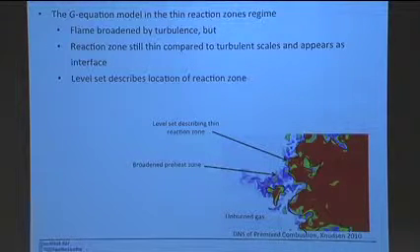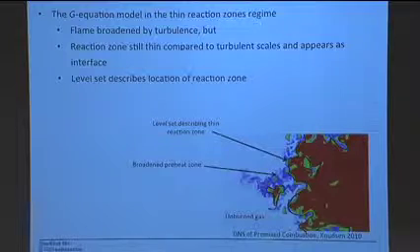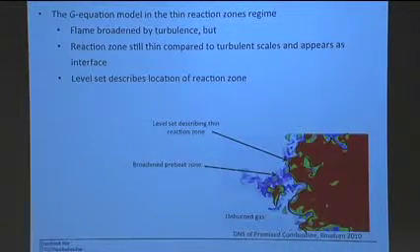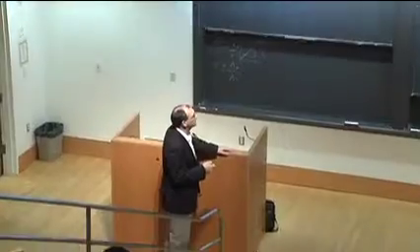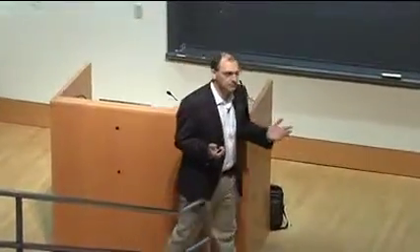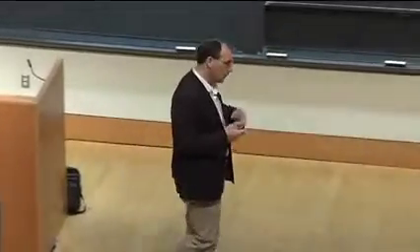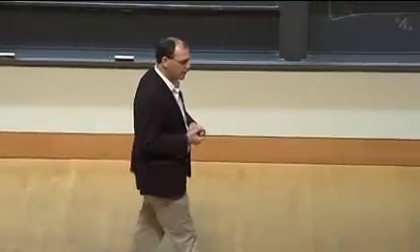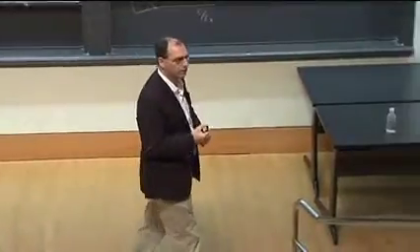Or people who do multi-phase flow, atomization, spent their life developing numerical techniques that can track an interface. And it's the same here. It would be naive to say we can just solve a progress variable equation and not worry about this. People do this, but most of them worry about it.